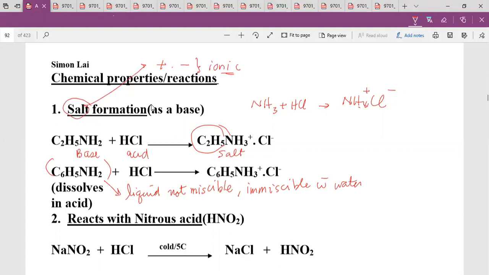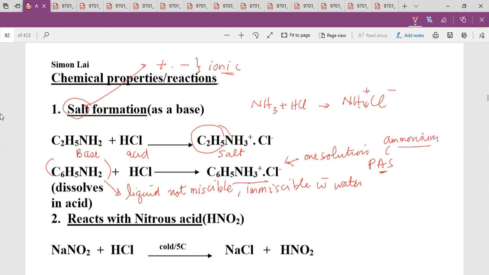But you put acid inside, they will dissolve. That means they form one homogeneous solution. That means it dissolves. Why? Because they form a salt. Why is the salt soluble? It's an ammonium salt, so it's soluble.